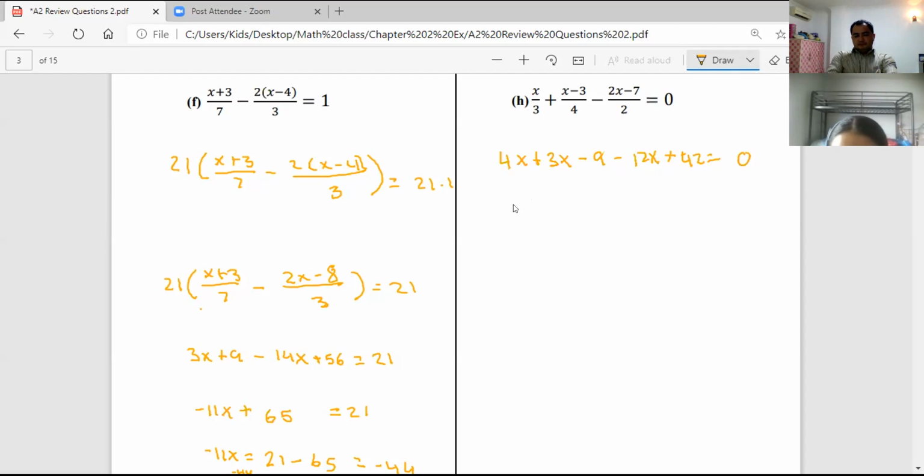7x minus 12x, that's negative x. So the x's are gone.